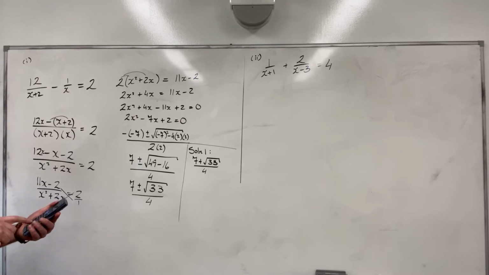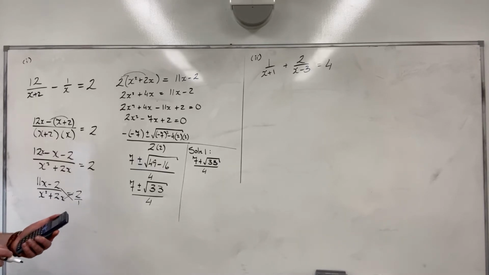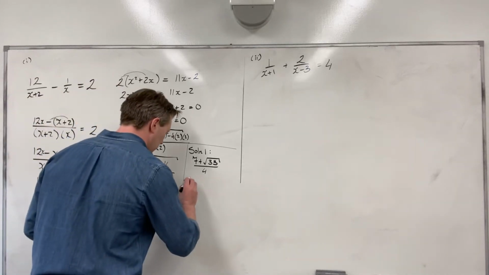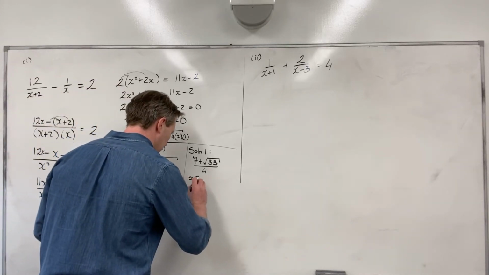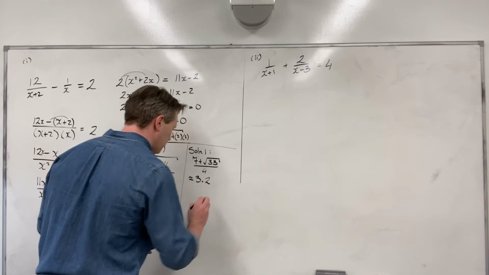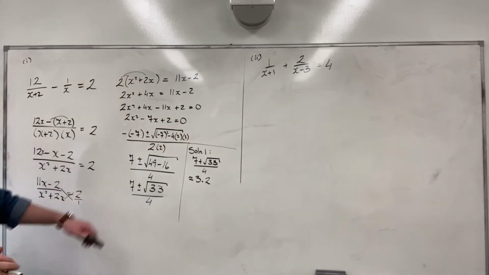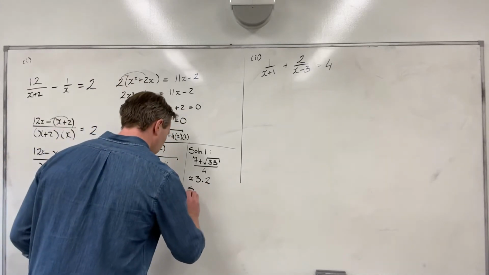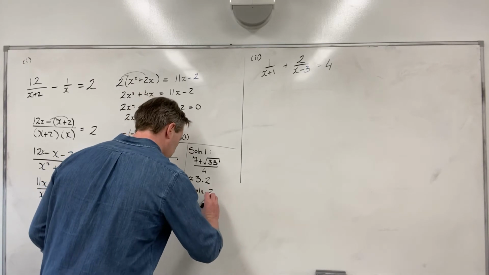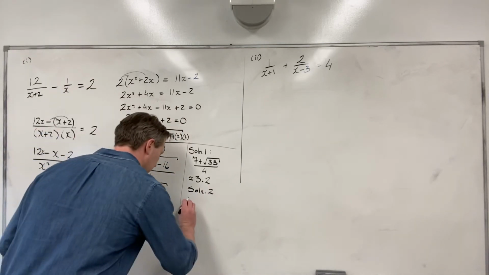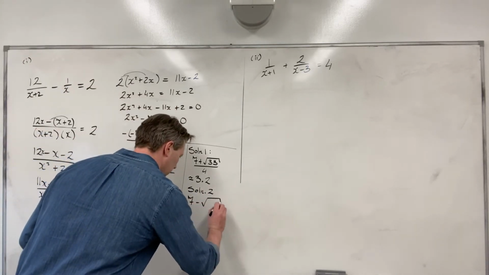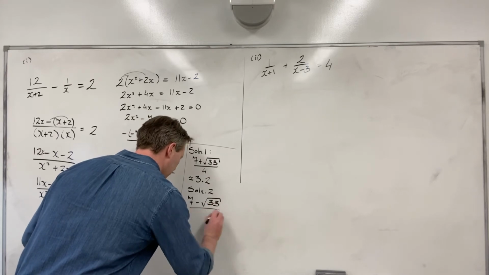So that's 7 plus root 33 divided by 4, and that is 3.18, so that is 3.2. My second solution, solution number 2, is 7 minus root 33 over 4.